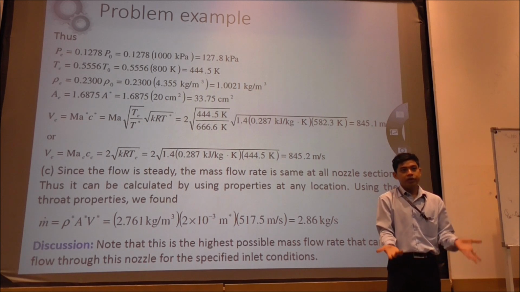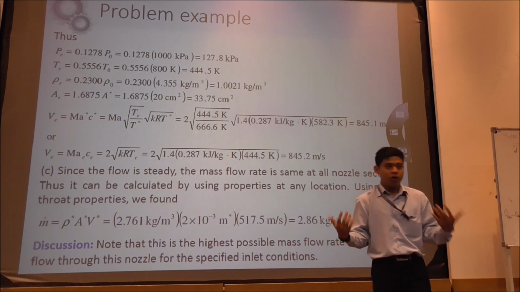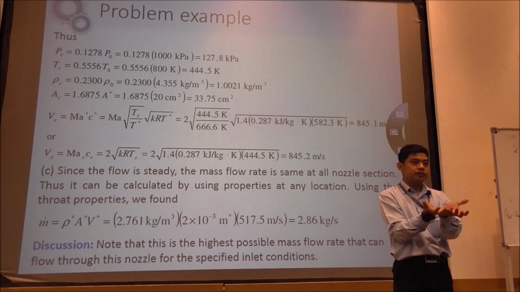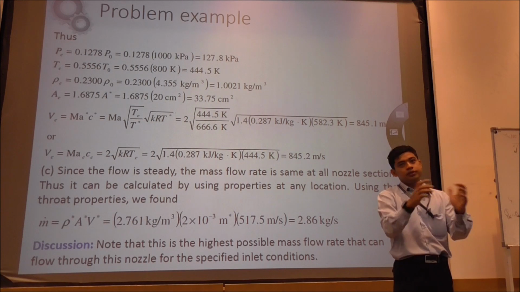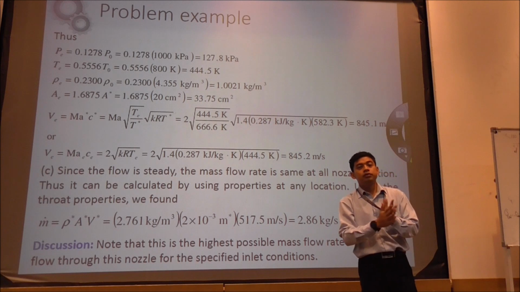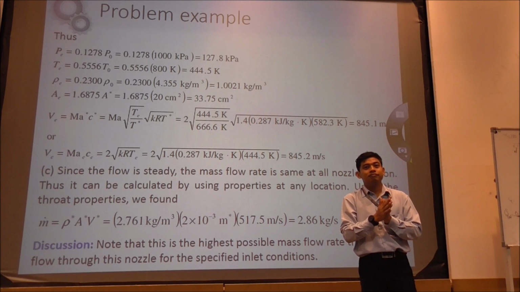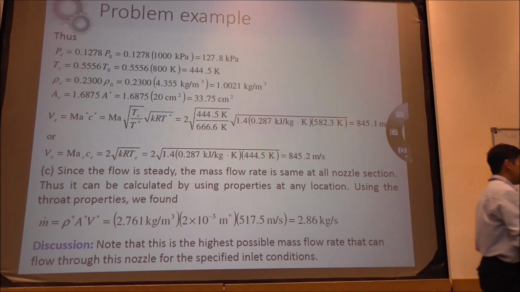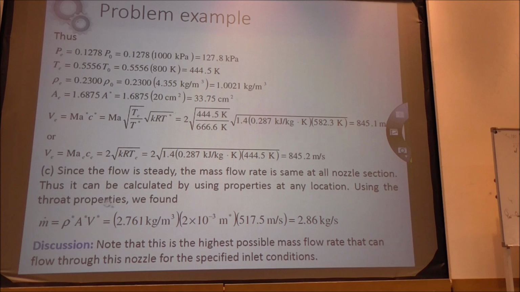It doesn't matter whether you have isentropic or non-isentropic, it has to be the same. Unless you have a storage there, right? If you have a storage, then the flow is non-steady, right? Because there will be some storage. If you have a single steady flow, then rho A V has to be the same.